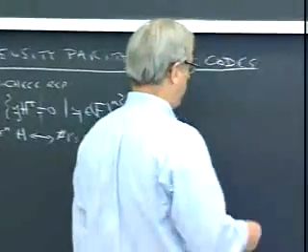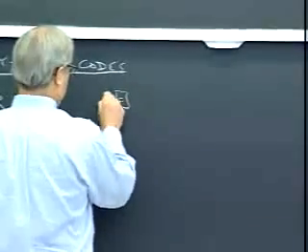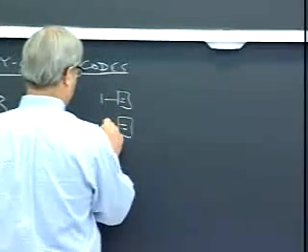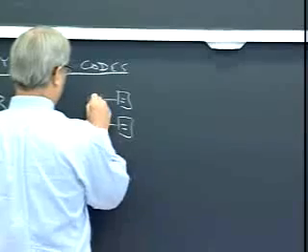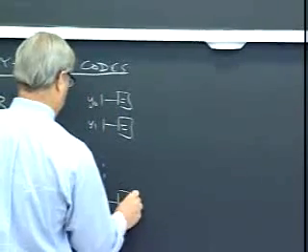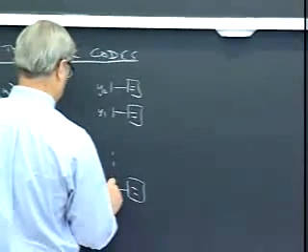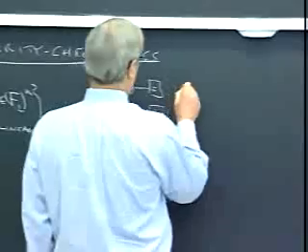In general, what does a code like this look like? What does its graph look like, I should say? We have y0, y1 through yn minus 1.